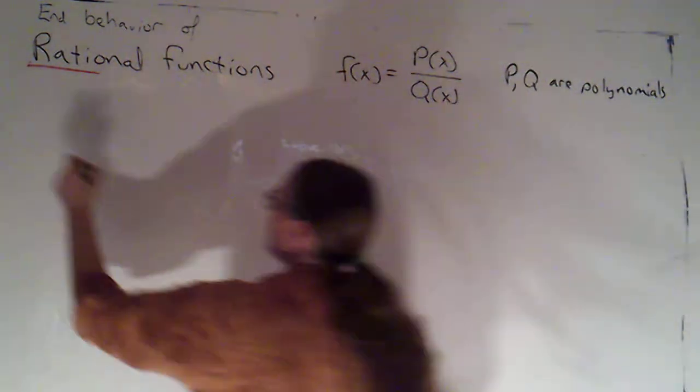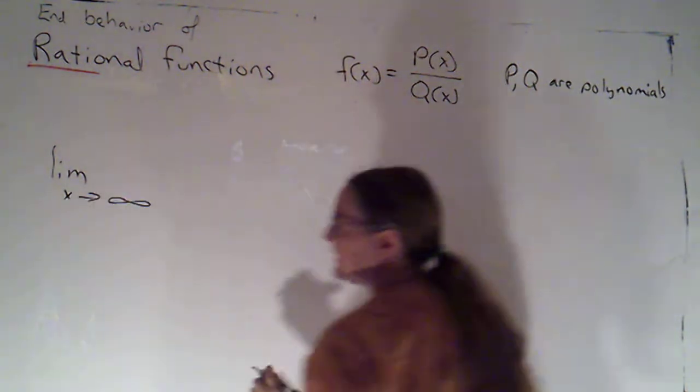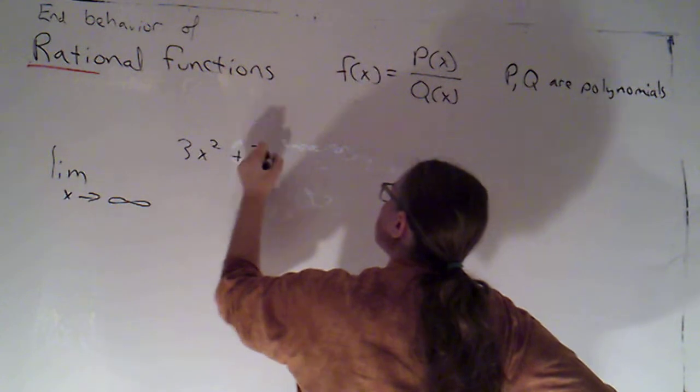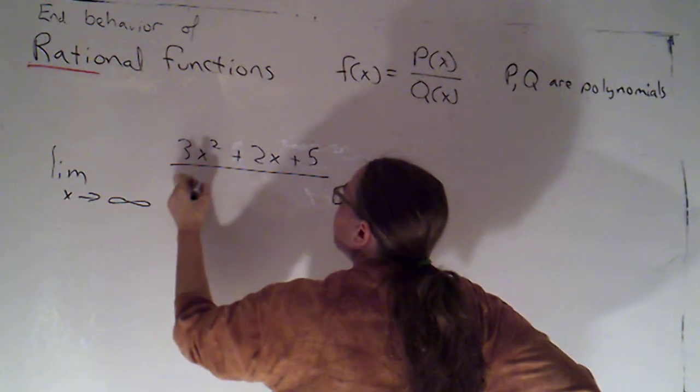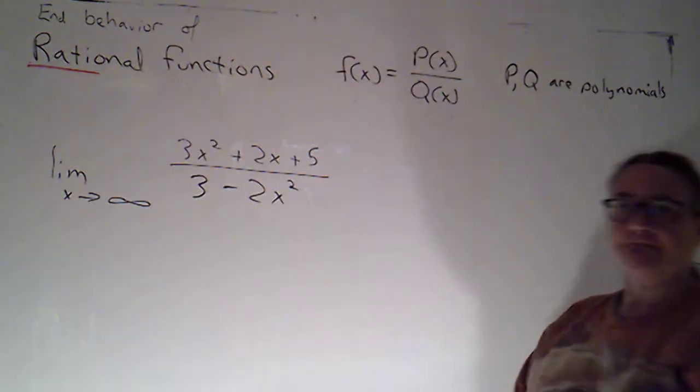So let's suppose I wanted to take a look at the limit as x goes to infinity of 3x squared plus 2x plus 5 over 3 minus 2x squared.